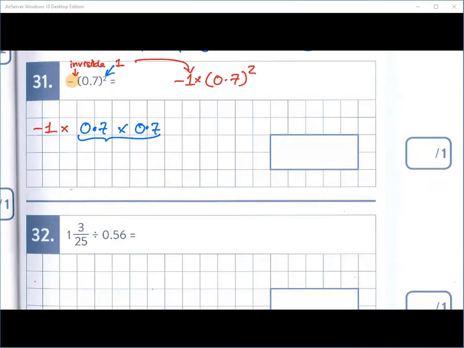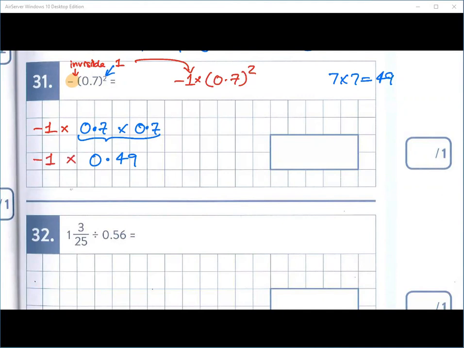In reality, the top calculation is that. So what's 0.7 times 0.7? Is it 0.14? 0.49. Why? Because 7 times 7 is 49. Yeah. So because you have 2 decimal places, it'll go back by 2 decimal places, it'll be 0.49.